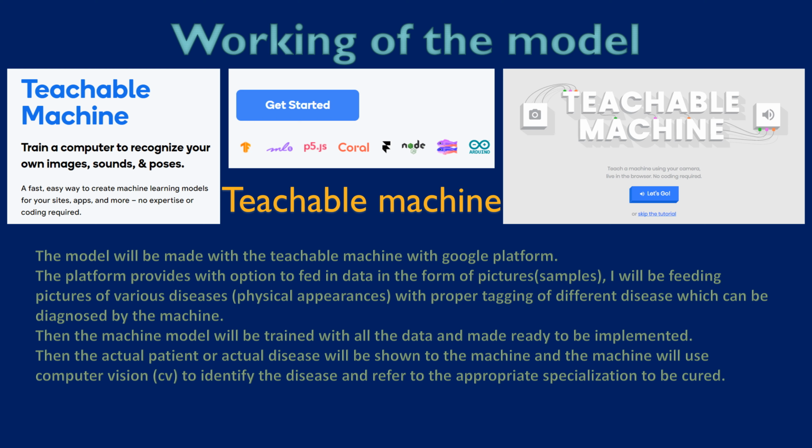Then the machine model will be trained with all the data and made ready to be implemented. Then the actual patient or actual disease will be shown to the machine, and the machine will use computer vision to identify the disease and refer to the appropriate specialization to be cured.